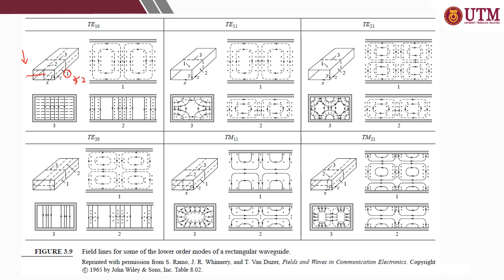And then number 3, when you cut it in the middle and view it from here. So at different cross sections, you will see different shapes of field distribution depending on the modes of propagation.